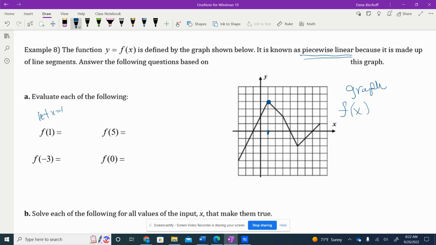What do you think, Macy? When x is 1, this is 1 on the x-axis, what's the value of y? How high up did it go? What point is that? Yeah, so when x is 1, f of 1 is 4.